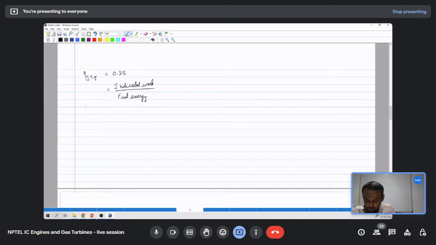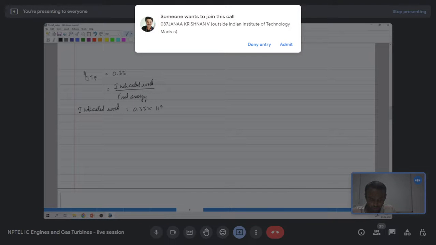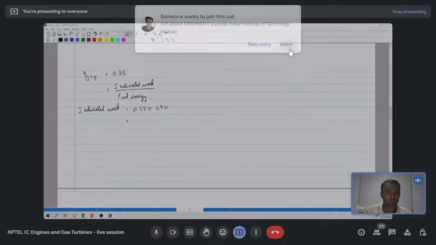So that means indicated work is 0.35 into fuel energy, which is 1190 joules. Can you follow the problem?